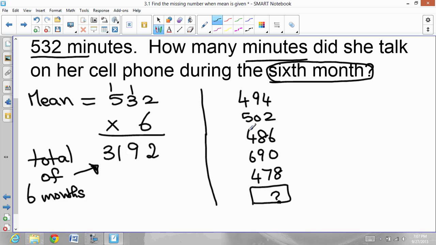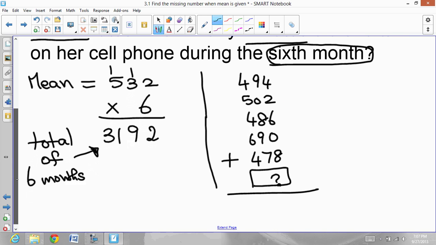Now let's go to this side and let's find the total for the 5 months. So this is month number 1, 2, 3, 4, and 5. Let's find the total.